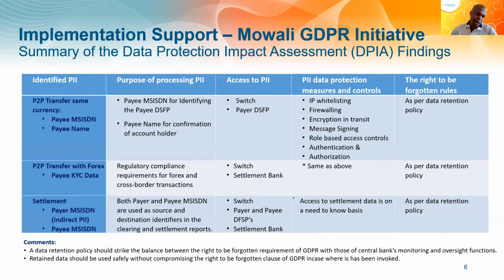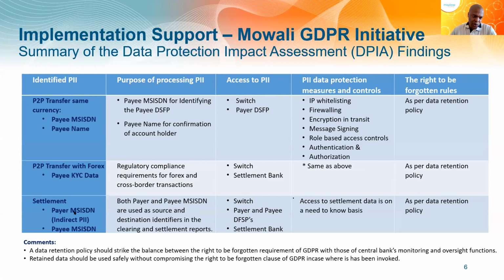And for all those identified PII pieces, we look at the purpose of processing it, as to what the reasons are why each party involved in the switch ecosystem needs to have access to that information. Also, we map out who has access to that PII data, ascertain all the protection measures that are planned for that specific piece of information, and determine when that piece of PII information will be retained according to policy.